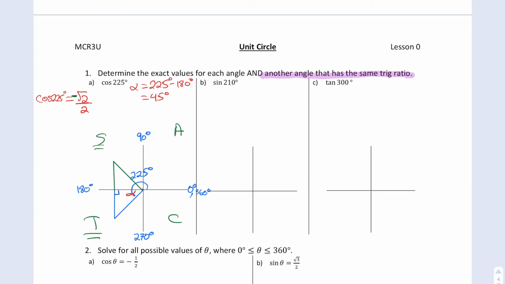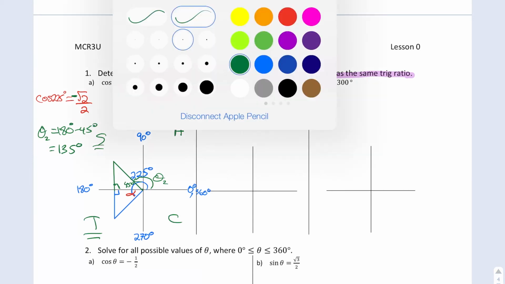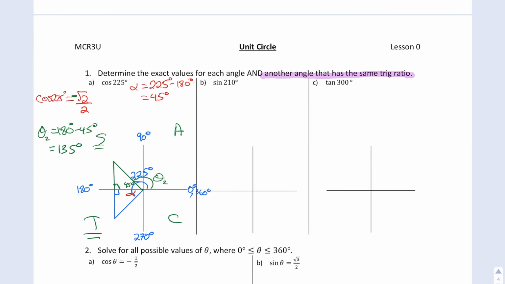So I draw my little triangle again, quarter of the bow tie, and I know that this is 45. My second angle, let's call it theta 2, is going to be 180 minus 45. So I get 135. So I know that 135 is also an angle that would get the exact same trig ratio. So again, hopefully that's just review.